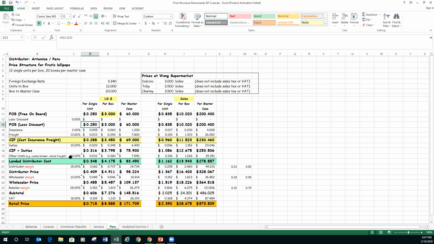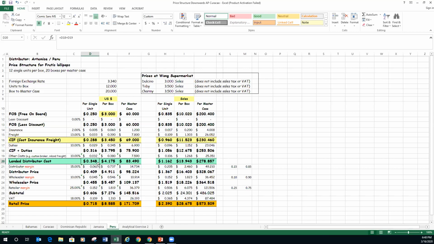And then we may have other costs that we may have to pay when we get to the new country. And then finally, when we add all these other costs, we're gonna get the landed distributor cost. So all these different costs are gonna be very important for us. That's why we are going through the structure and going through all the subtotals.